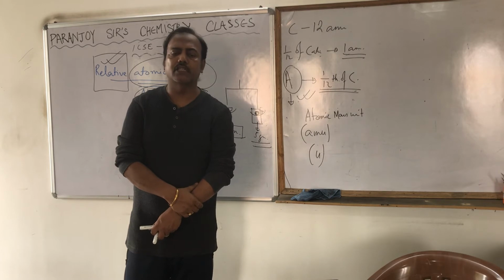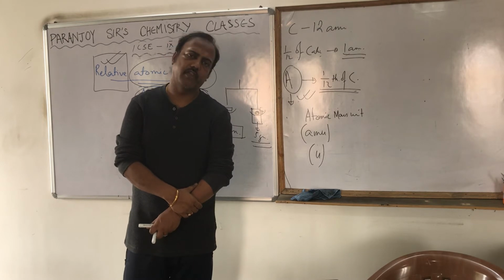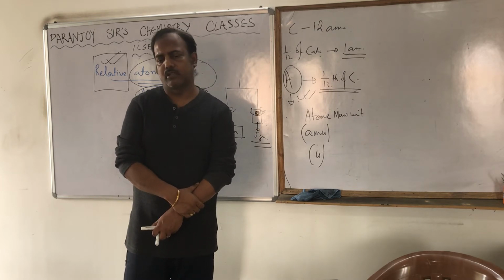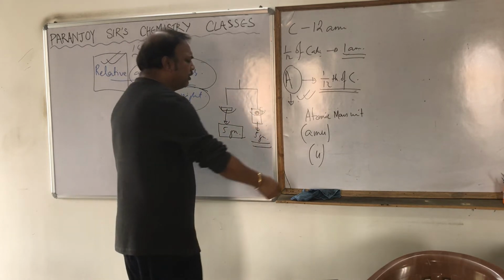So we changed the standard into carbon. We considered the carbon atom's mass as 12 u. So whatever is the mass of the atom, 1/12 of a carbon atom is called the atomic mass of it. Okay, fine. Now next topic.